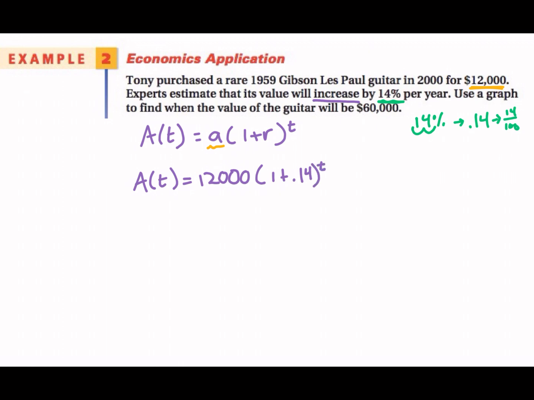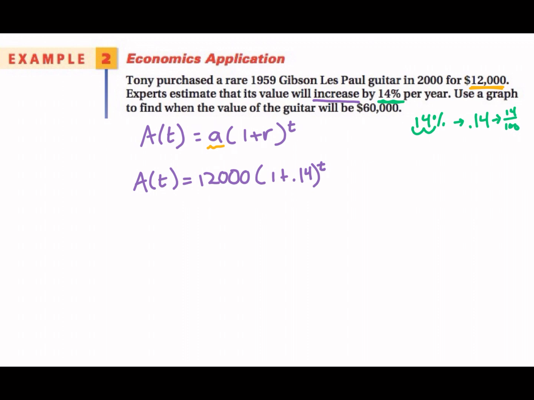So here's our equation, and that's what we're going to put either into Desmos or into y equals for our graphing calculator. So go ahead and plug that in, and then let's look at the table. If you're on Desmos, you're going to have to press the gear, the settings button, and hit table. And we want to find when the value of the guitar is 60,000. So we're actually looking at the y values.